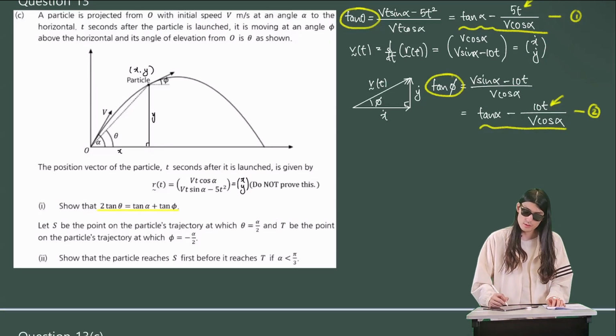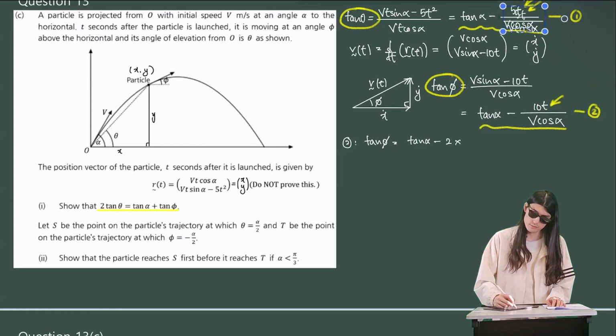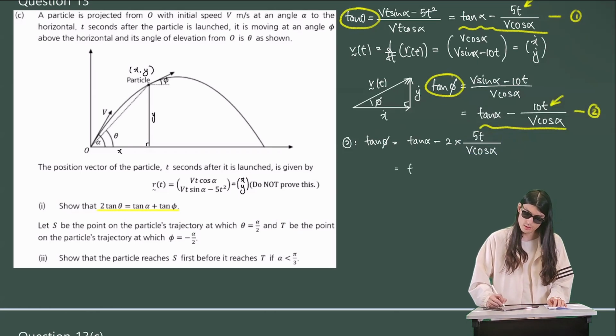Right? So, if you look at equation number 2, equation number 2 can be written as tan phi being equal to tan alpha minus 2 times this. Into which, of course, you can substitute in equation number 1.